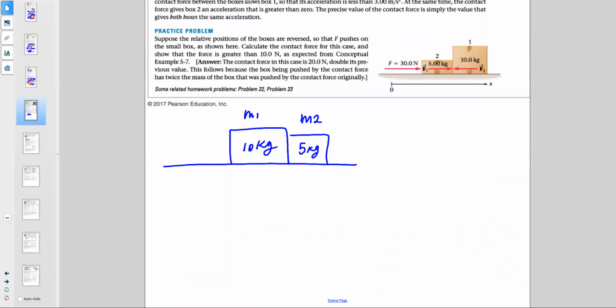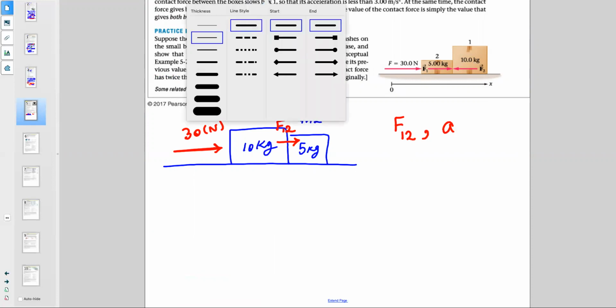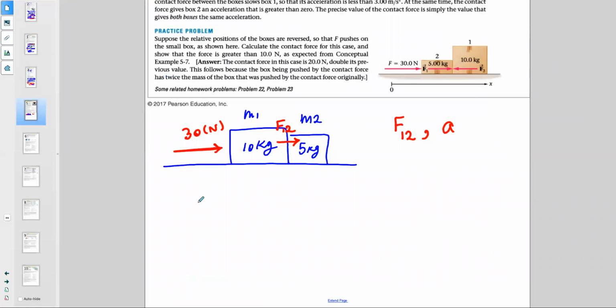And then I have a force of 30 newtons acting on them. I am looking for the contact force. So I'm looking for a force that is being exerted from 1 to 2. So that's what I'm looking for, okay? And I am also looking for A. These are the things to look for. So let's go back and do this problem.